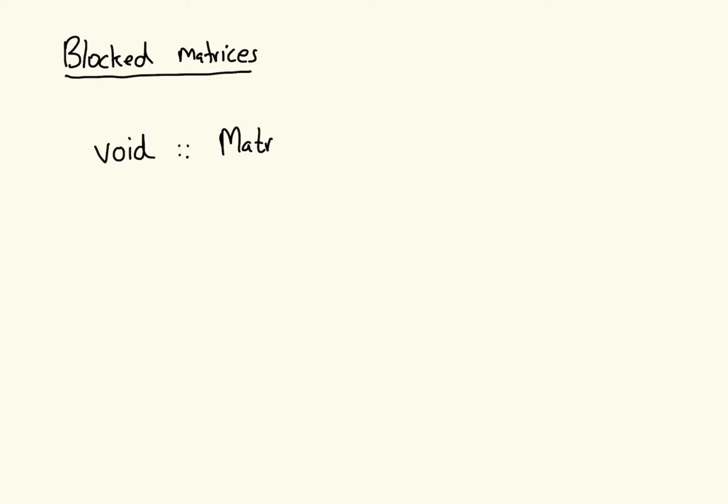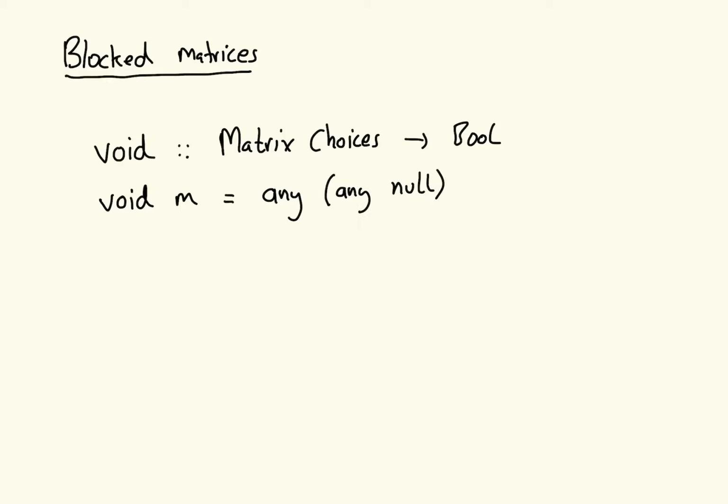We can take a matrix of choices and we can return true or false depending on whether any of the cells in the grid are empty, so there's no choices left. This is a very easy function to define. We take our choice matrix M and we use the any predicate, or the any higher order function rather. And what any does is you give it a property like being an empty list, which is null in Haskell.